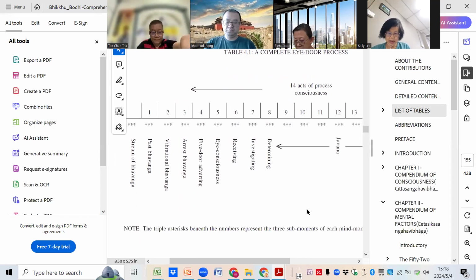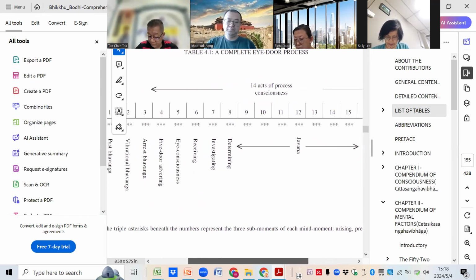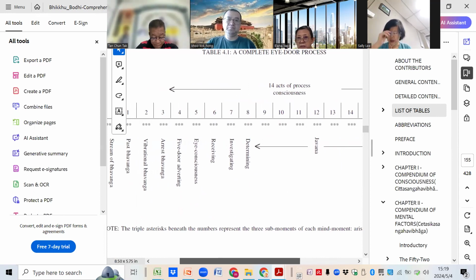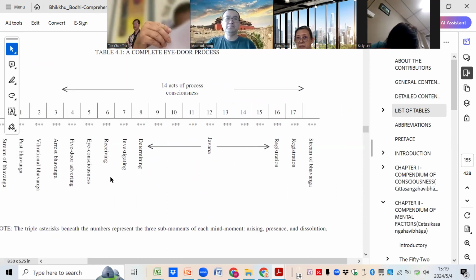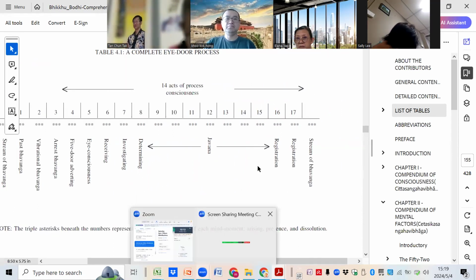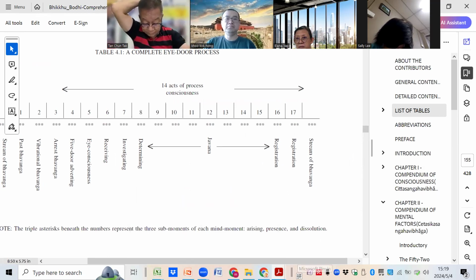Basically, on page 155, are you able to see the word javana? What does this diagram mean? This diagram is a magnification of our mental consciousness.